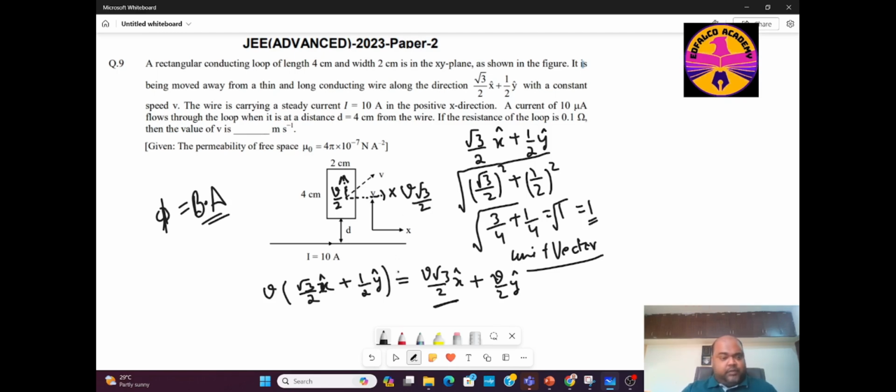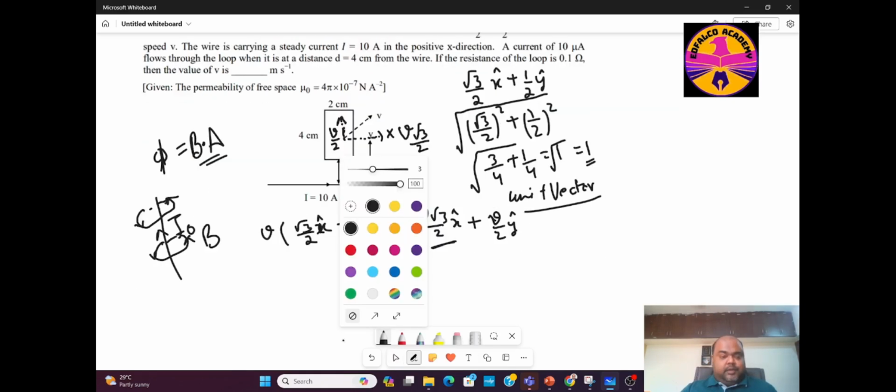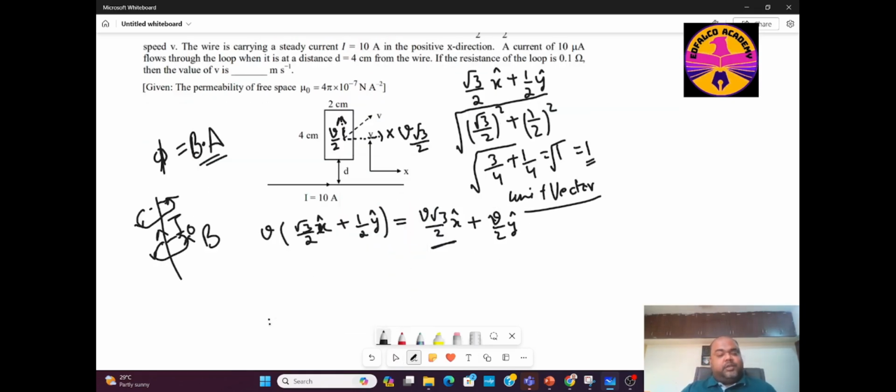Just to give you a brief background, I hope you already know that if there is a current I naught flowing, there will be a magnetic field all around like this, pointing like this. When we do these chapters in detail we will study this, but for solving this problem I'm just trying to make you understand certain theories.